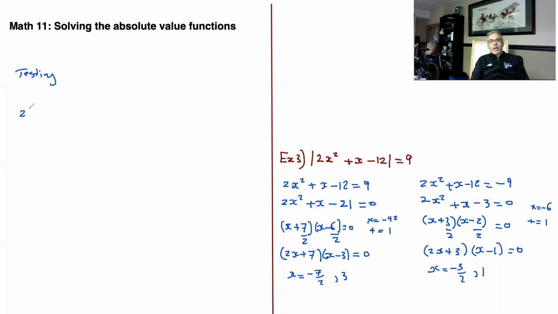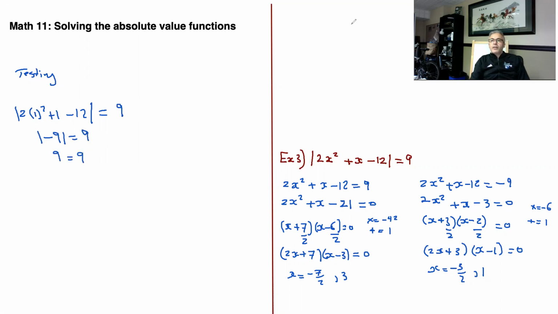So the absolute value of 2 times 1 squared plus 1 minus 12 equals 9. That's 1 squared is 1 times 2 is 2. 2 plus 1 is 3. 3 minus 12 is -9. Absolute value equals 9, and that will give you 9 equals 9.